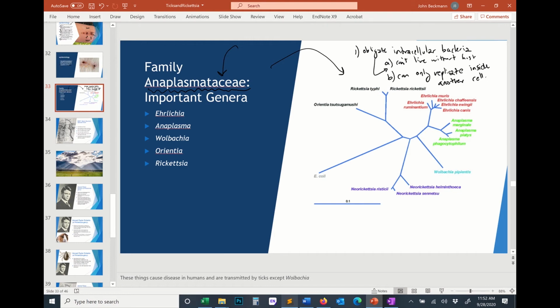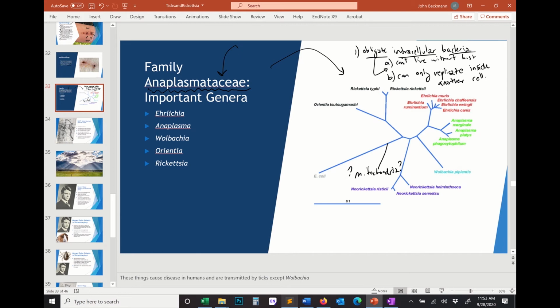So that would be a eukaryotic cell. So these are bacteria that live in your cells. So they're actually related to mitochondria. If you look at where mitochondria came from, there's an ancient theory that the genes that mitochondria have are very closely conserved with genes of bacteria that are in Anaplasmataceae.